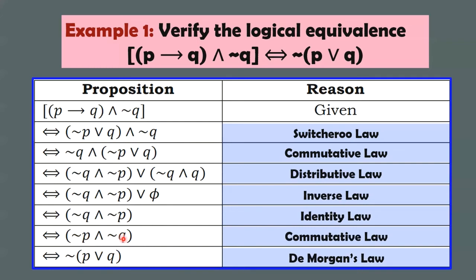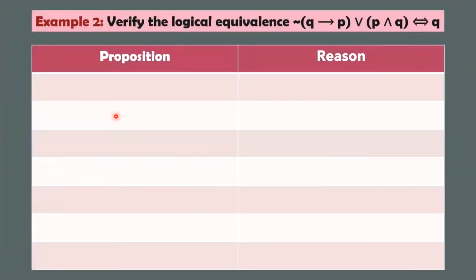Ito, naka-distribute na and then ilalagay mo sa labas yung negation. So, madali lang kapag nakabigay ang proposition. Let's try another example kung saan hindi nakabigay ang proposition. Tayo ang gagawa niyan. Let's verify the logical equivalence. Ito. This complex expression can be simplified to Q only.